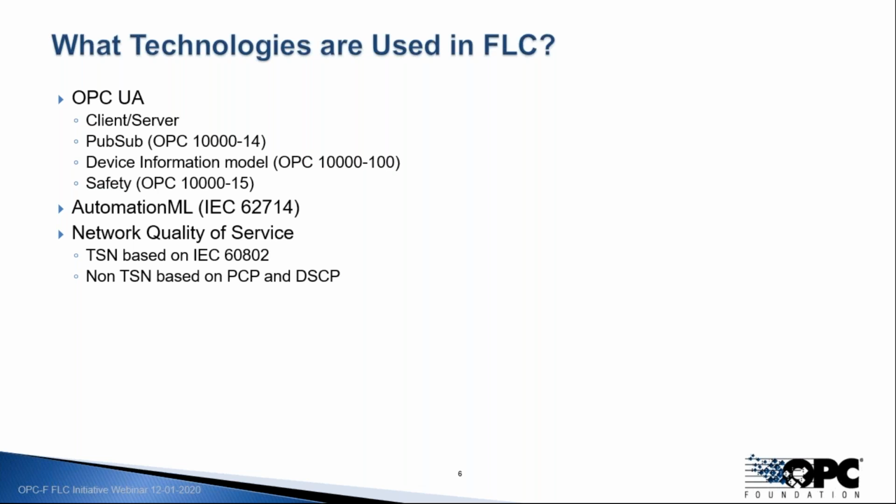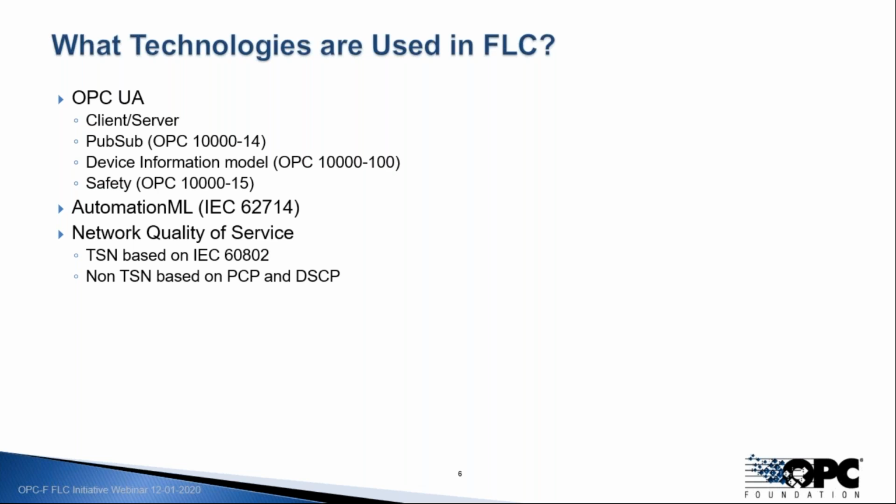And we'll be utilizing OPC UA Safety as defined in Part 15, where SIL, safety integrity level rated communications are required. For our offline descriptors, we are going to be utilizing AutomationML as defined by IEC.